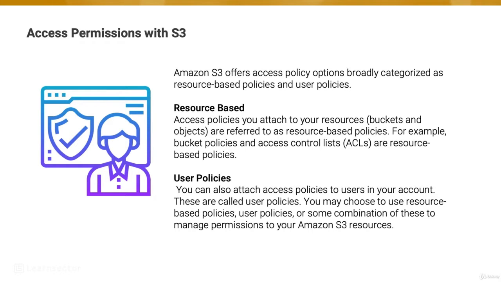That is the user policy. Now let us see all of these things in detail. You can choose the resource based policy, or the user based policies, or maybe a combination of these to manage the permissions on the S3 resources. Let's see both of them one by one.